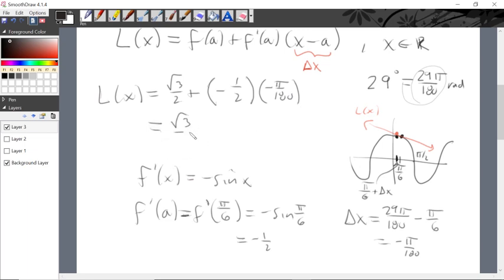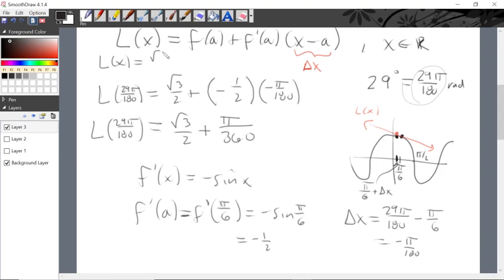Let's clean this up a bit. We have root 3 over 2 minus, minus, which is going to turn to a plus, plus pi over 360. So that is L of 29 pi over 180, the value that I plugged in here. I meant to write here what the linearization was.